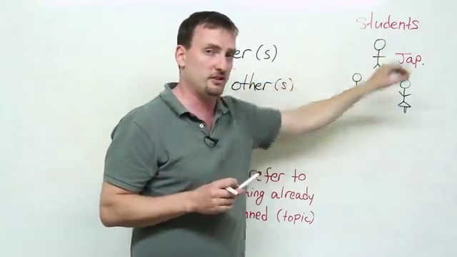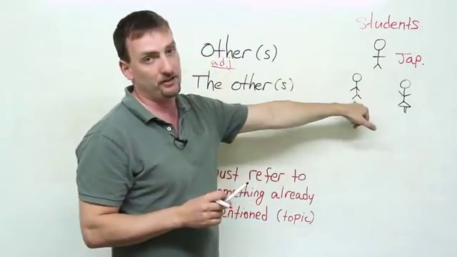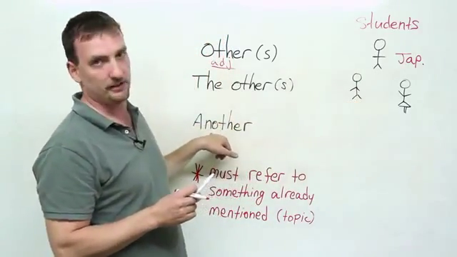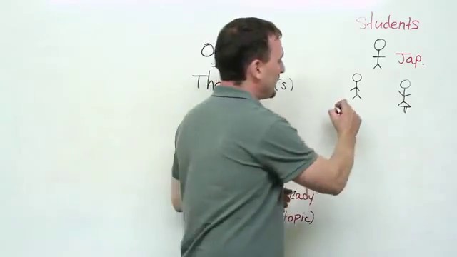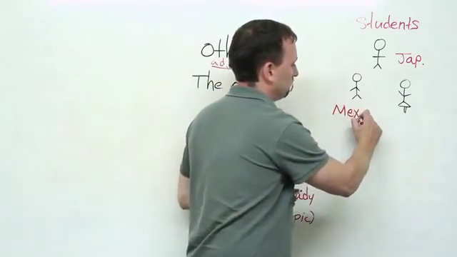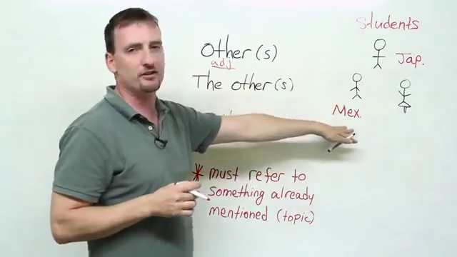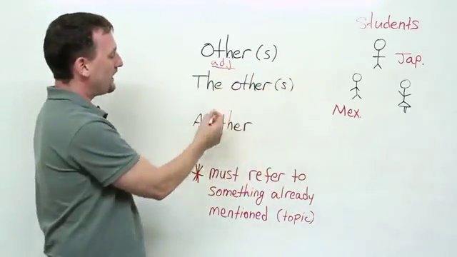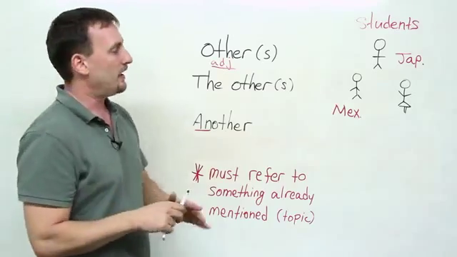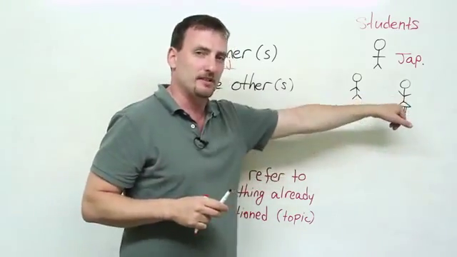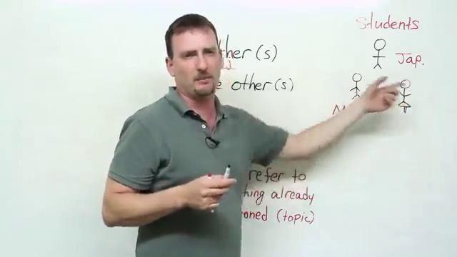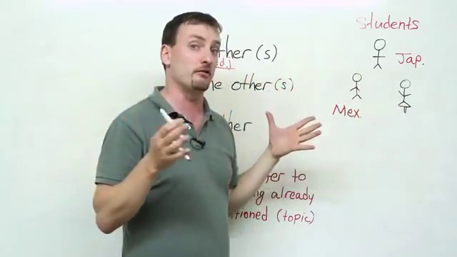Okay? So I have 3 students. One student is Japanese. Another student is, let's say, Mexican. I have a very international class. I have a Japanese student, another student is Mexican. Now, why did I use another? Because I have 2 students left, you don't know which one I'm going to speak about. It's very general.